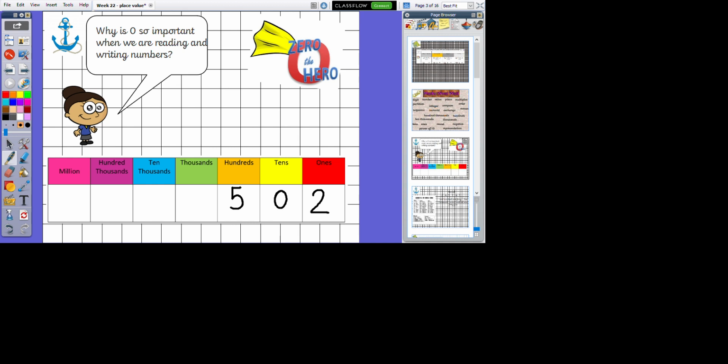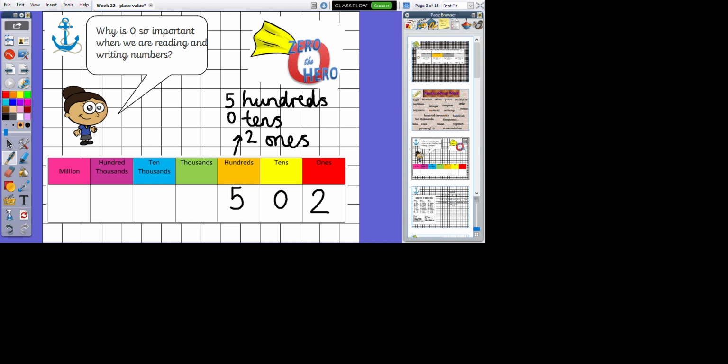Okay, so if I were to partition this, I would have 5 hundreds, 0 tens and 2 ones. Okay, so in the number that I have, the 0 helps me to have my 5 in the hundreds column. It tells me that there are 5 hundreds.